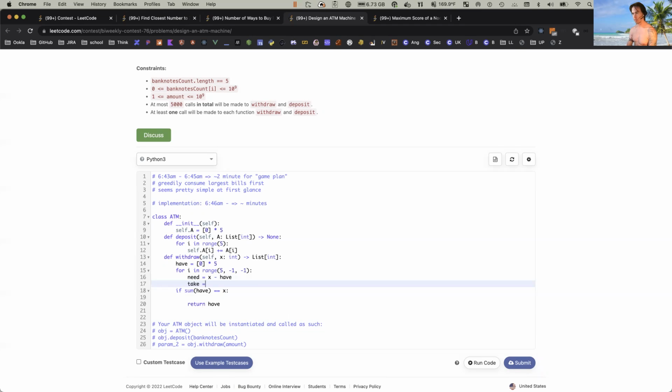Take is then self.a[i] evenly divided by need divided by that denomination of a[i].